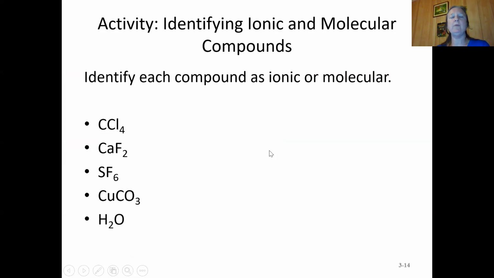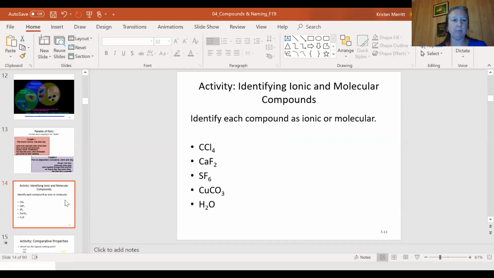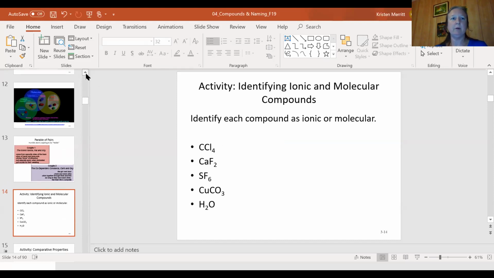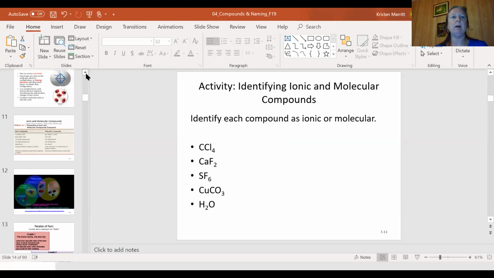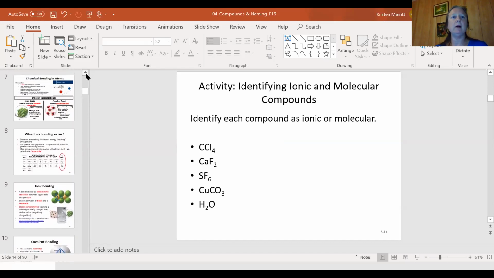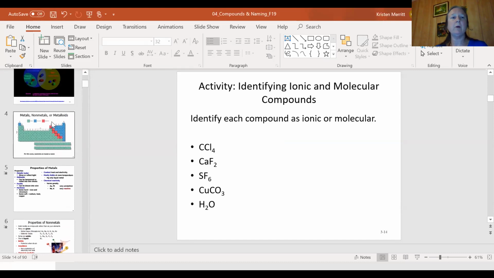All right, so if we look at these, I'm going to minimize this so I can bounce. Yeah, great. So carbon tetrachloride, that's carbon and 4 chlorines. So is that ionic or covalent?